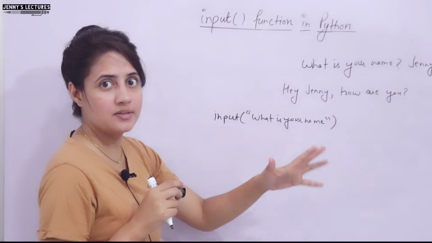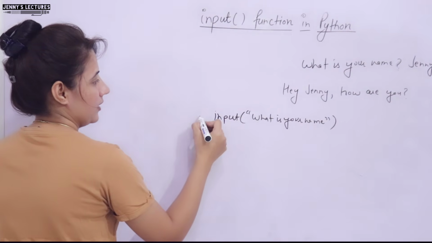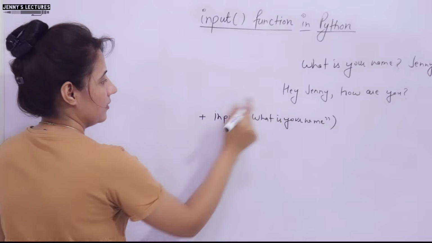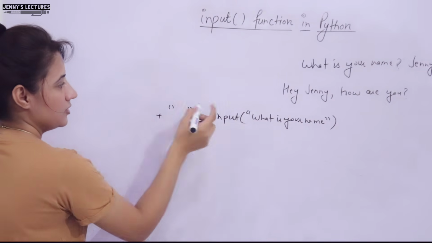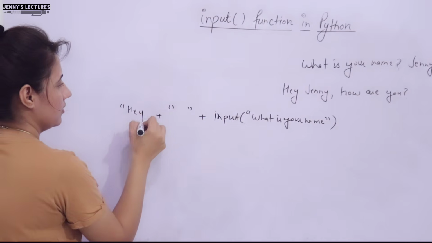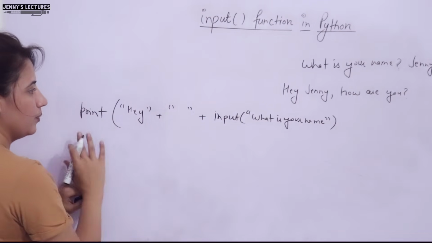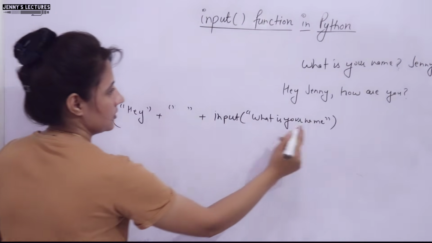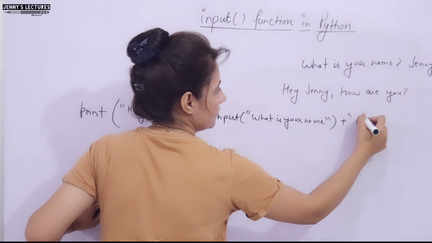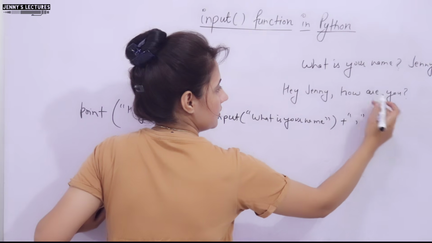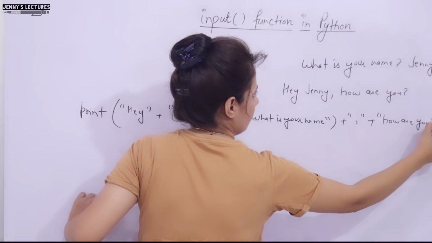Using print we can print. So simply we can concatenate a string here, like before Jenny we have a space, then plus, then the string hey, and using print we print hey, then plus this, plus this. Now plus again this comma, then plus you can write the string how are you.